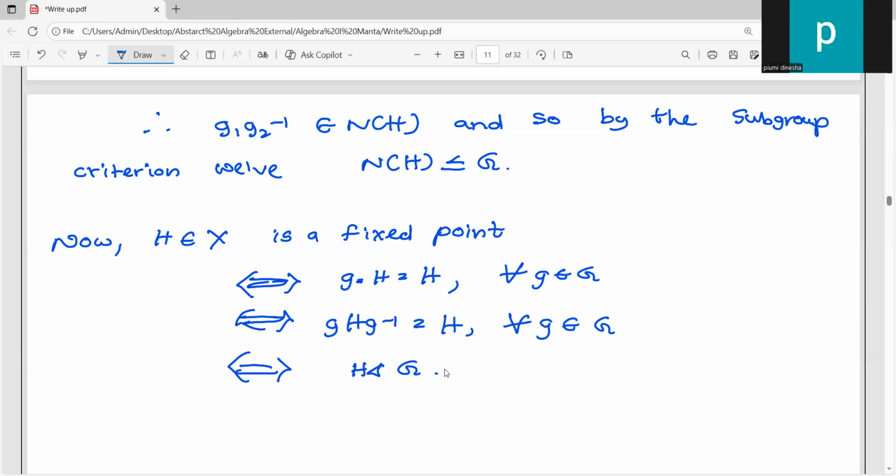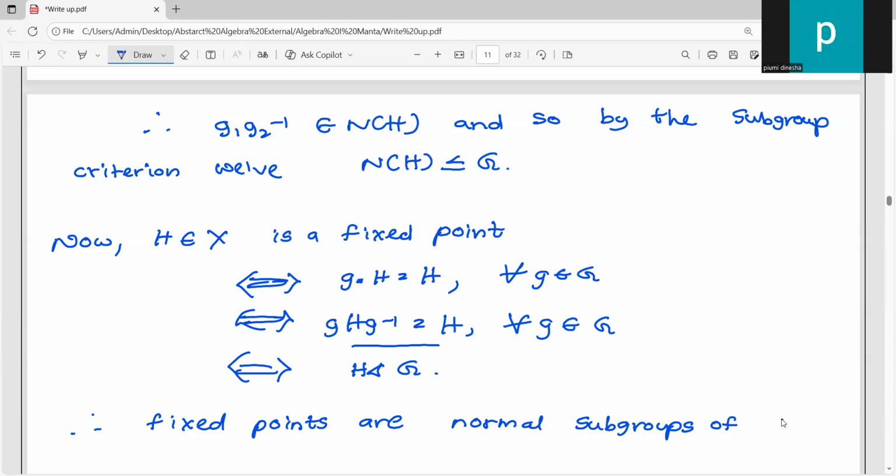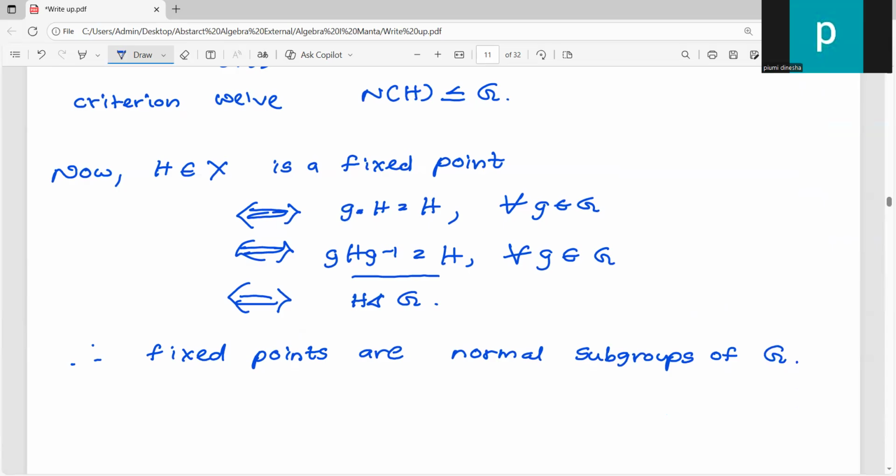Referring to that, we conclude with this condition that H is a normal subgroup of G, right? Therefore, fixed points are normal subgroups of G. That's the end of this proof.